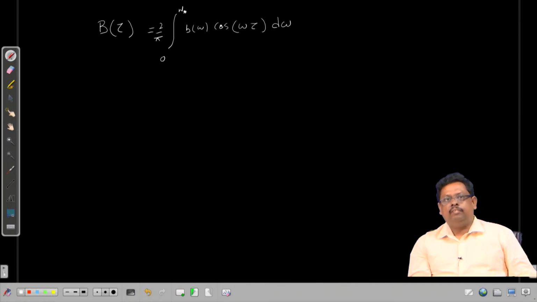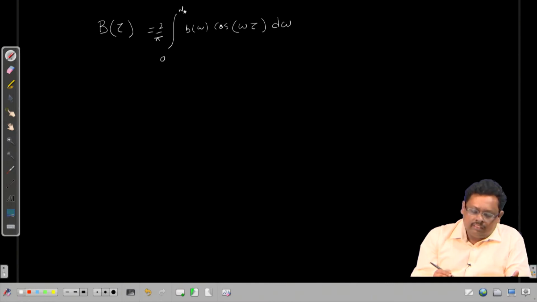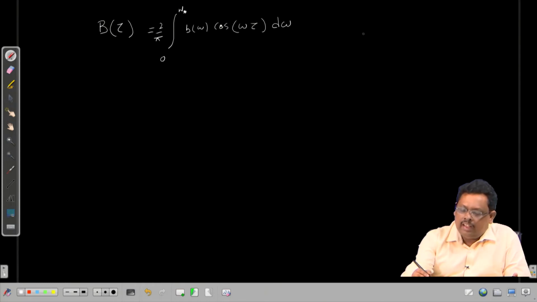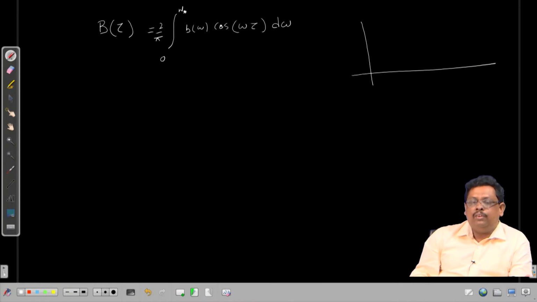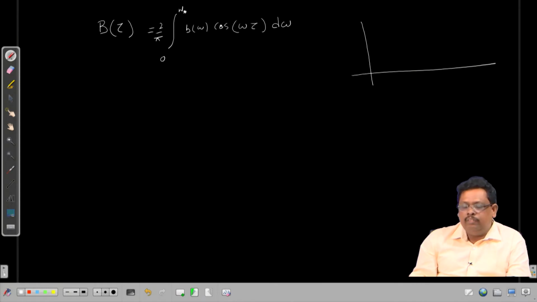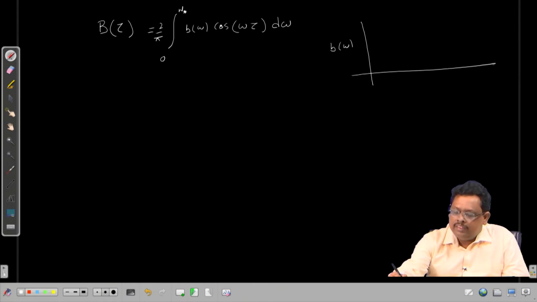Then what we discussed in the last class is how I approach this b(omega), the small b(omega) curve. There are several ways of approximation. This is omega and this is omega n, and this is the curve of my b(omega).